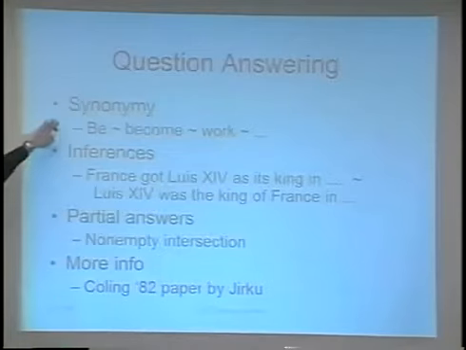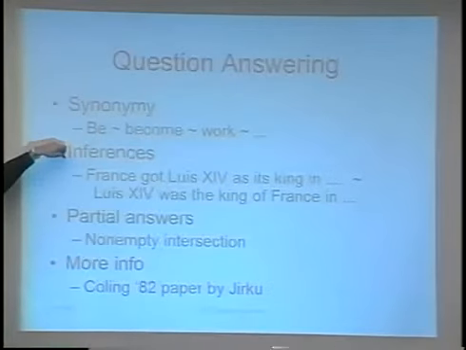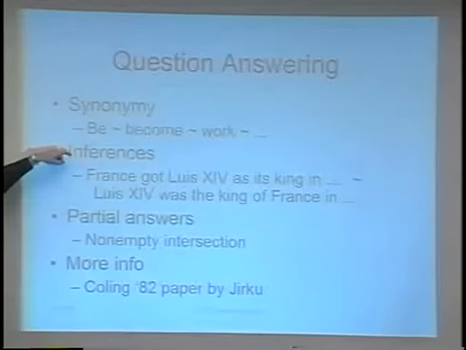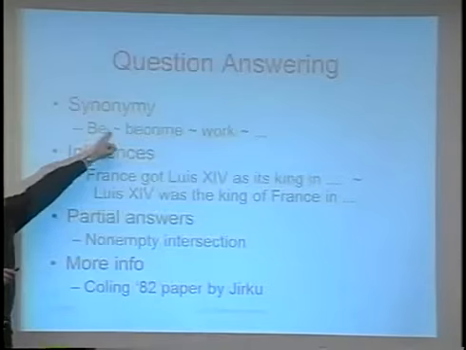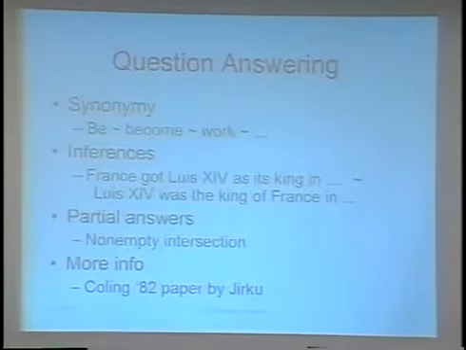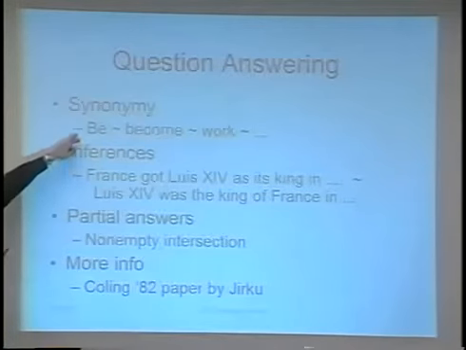So we have two things that we have to do to get reasonable recall. First of all, we have to use synonyms. So be and become could be considered synonyms or quasi-synonyms, so we can use those for the matches. Every word can be matched, like king could be emperor, or whatever you can think of as a possible synonym.